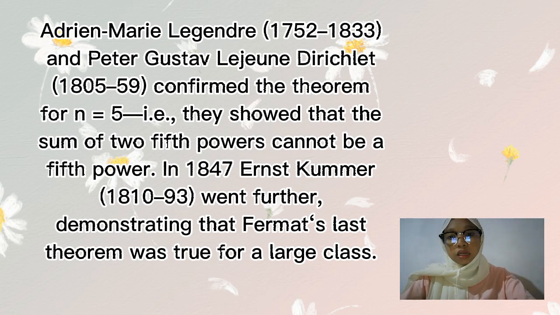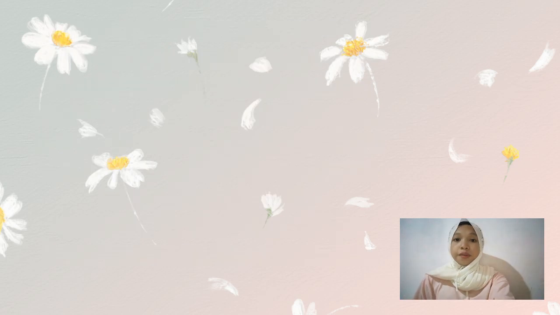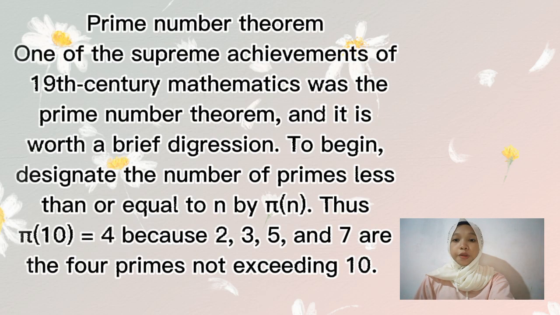In 1847, Ernst Kummer went further, demonstrating that Fermat's last theorem was true for a large class of exponents. Unfortunately, he could not rule out the possibility that it was false for other exponents, and so the problem remained unresolved.